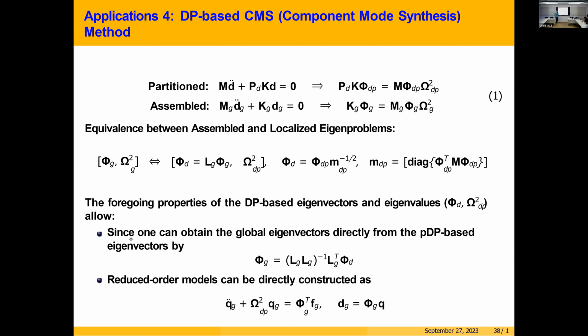One nice thing is the assembled mode shape and the assembled global frequencies are related by this partitioned mode shape and this partitioned frequency. They are identical. The first time I was quite surprised myself.